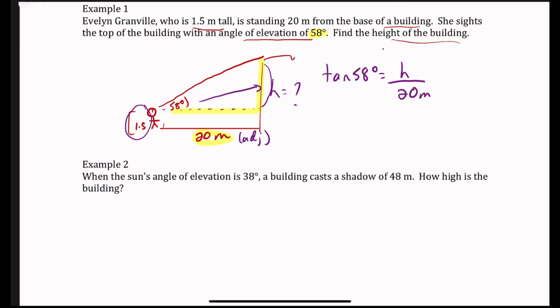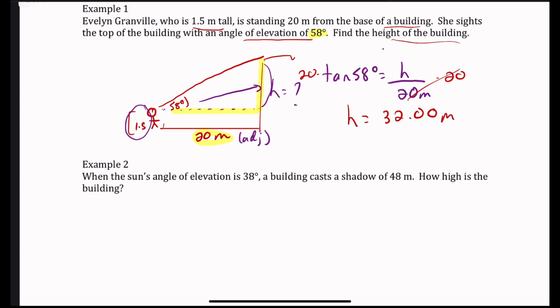And so we would just multiply 20 on both sides. And when we plug that into our calculator, we get 20 multiplied by tan 58. And that gives us a height of about 32 meters.